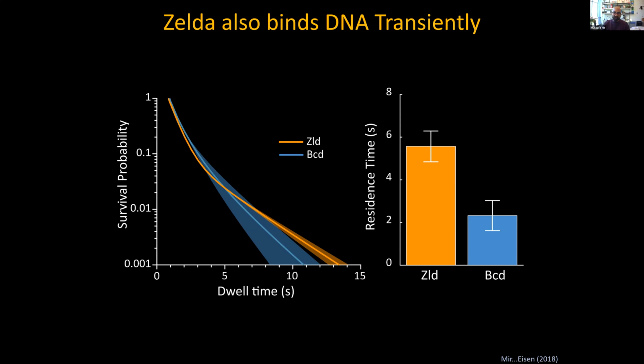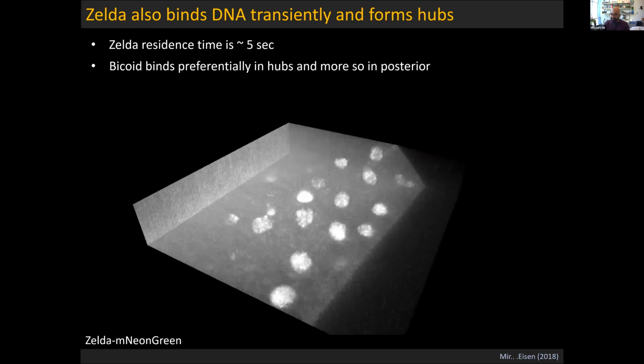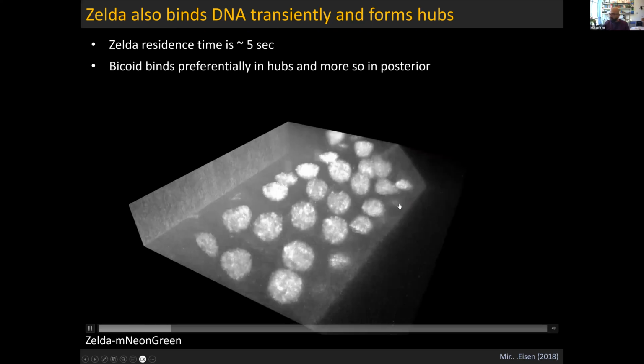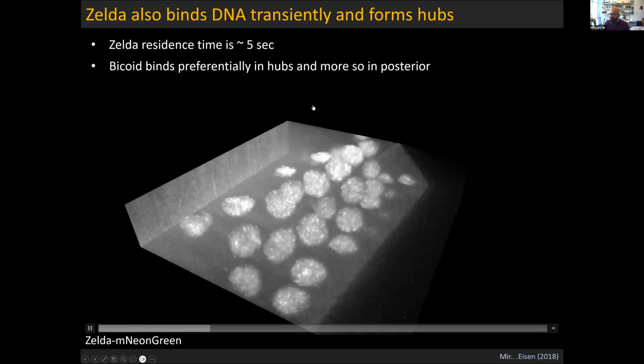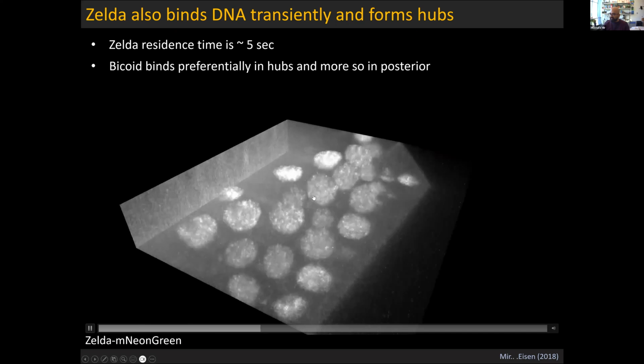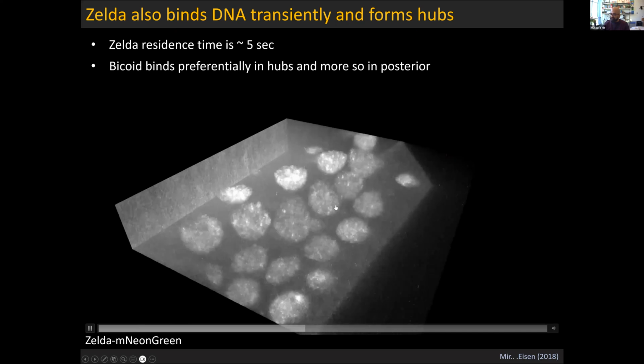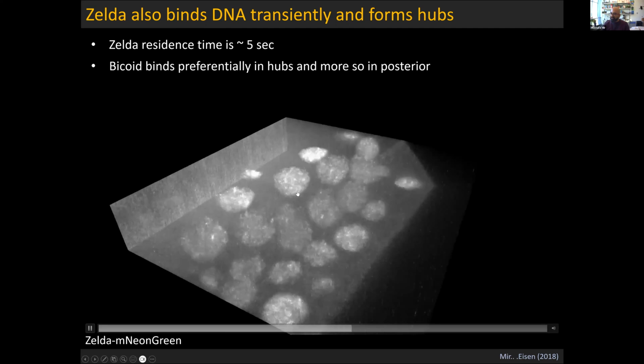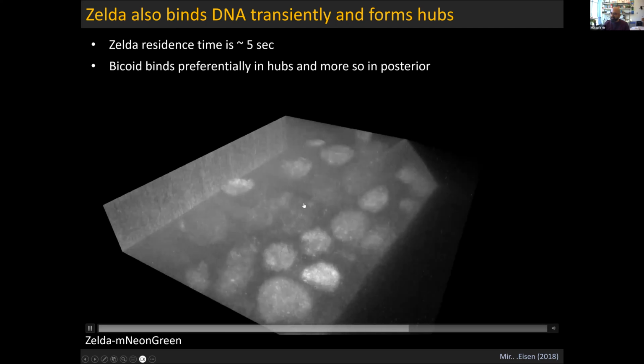So instead of doing single molecule, we asked, okay, how does ZELDA look in the nucleus overall? So we do very high-speed 3-dimensional imaging using the lattice light sheet microscope. What you're seeing over here is the edge of the embryo, and within the embryo, each of these balls is a nucleus. In gray, you're seeing the spatial distribution of ZELDA.